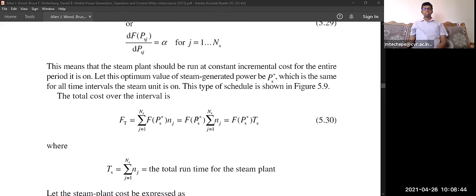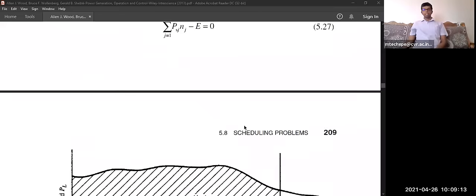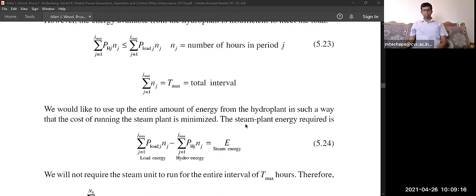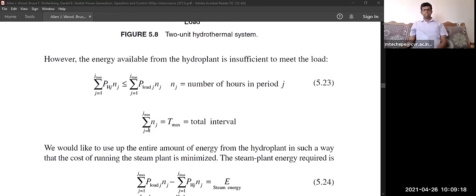The fuel cost of this optimum power generation from the steam power plant alone we have taken outside. Then sigma j equal to 1 to ns of nj we have also taken outside. So this is F of PS star into TS, where sigma j equal to 1 to ns of nj is TS. We have already seen from the previous equation that sigma j equal to 1 to j maximum of nj is T maximum.